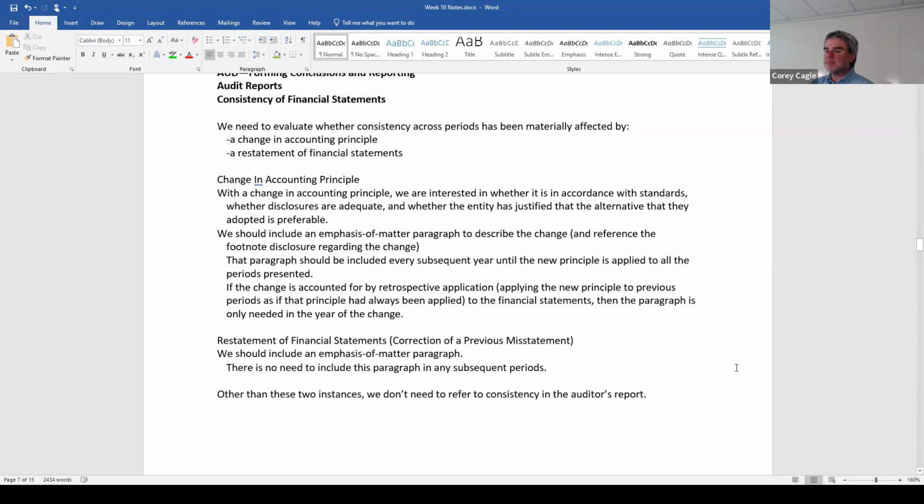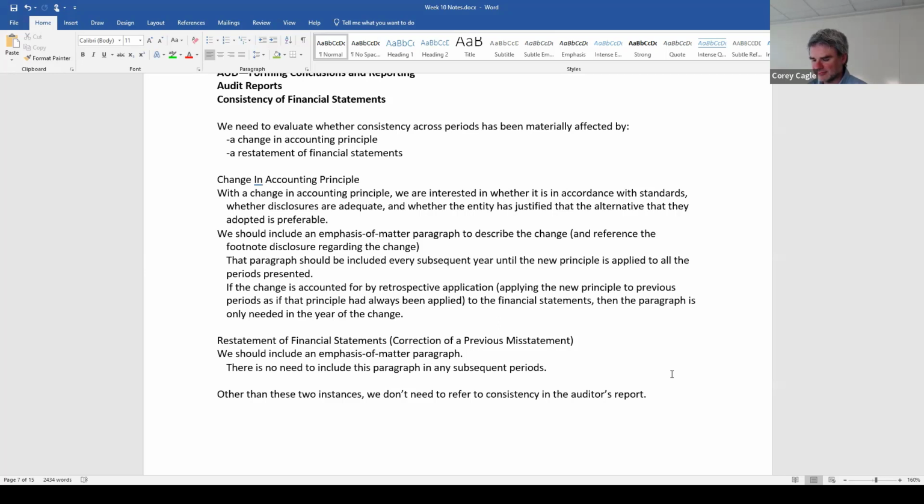If we have a restatement of financial statements, in other words, correcting some previous misstatement, there's that emphasis of matter paragraph again. And we only need it that one time because other periods won't be affected anymore. And then I love this. Other than these two instances, we don't have to refer to the consistency of the financial statements in the auditor's report. So there you go.